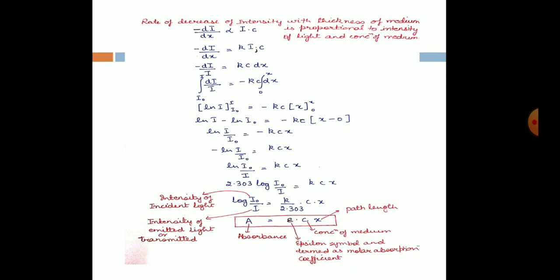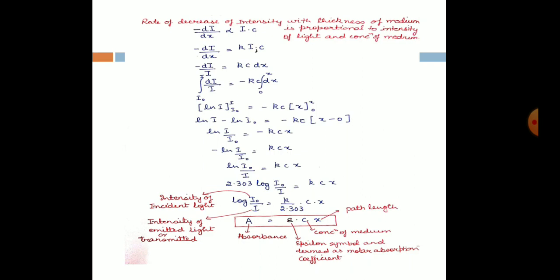Absorbance is directly proportional to the concentration of the medium and the path length. And if we keep the path length constant during our study, then we will find that absorbance is directly proportional to the concentration.